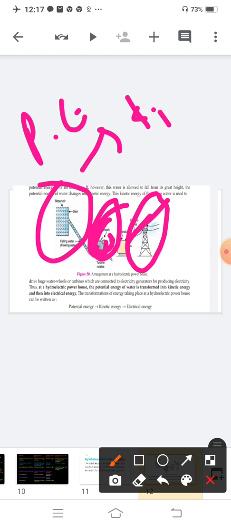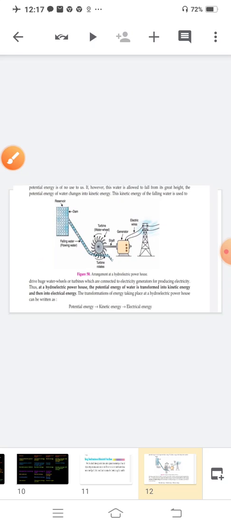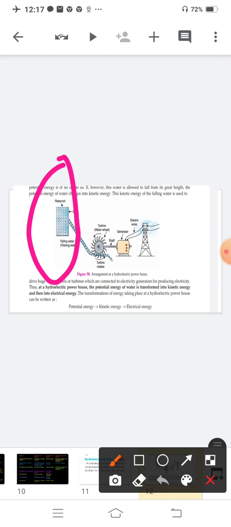Is this clear? And with the above discussion, we conclude that one of the important characteristics of energy is that it can be transferred from one form to another. Is this clear? First, this reservoir contains some water. At this time the water contains potential energy.